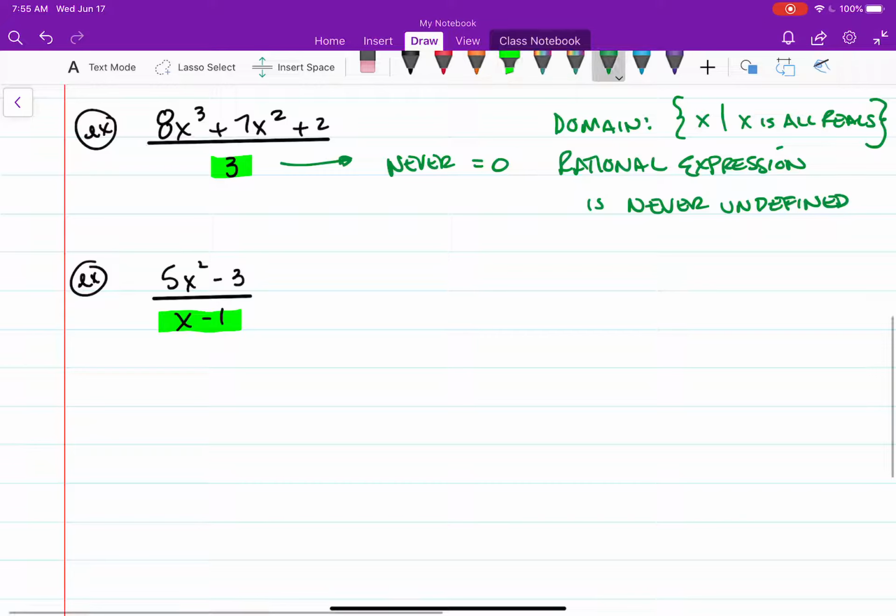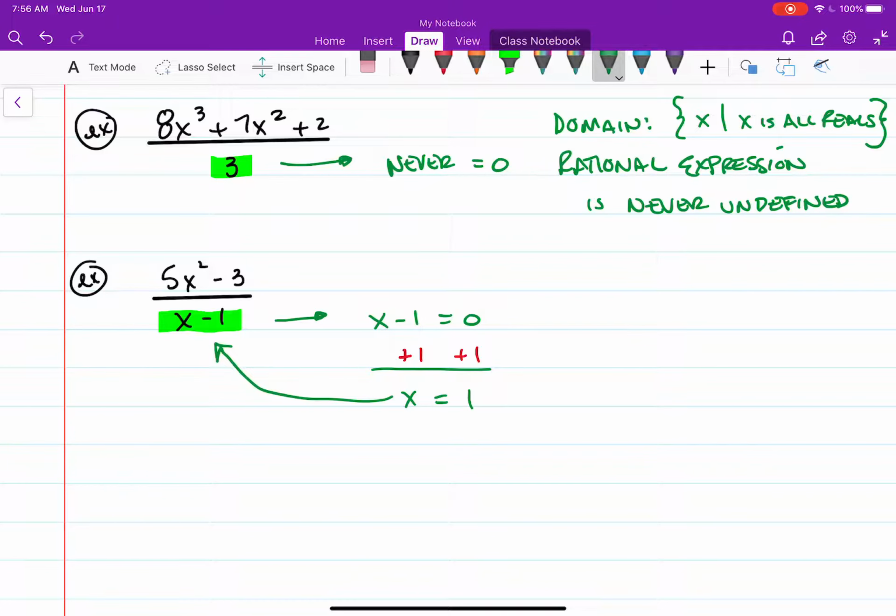What you would do is literally take the denominator, x minus 1, and set it equal to 0. Let's see what would make it 0. So we add 1 to both sides, and we have x is equal to 1. So when x is equal to 1, which makes sense, right? If I plug x back in here, 1 minus 1 would make it 0.